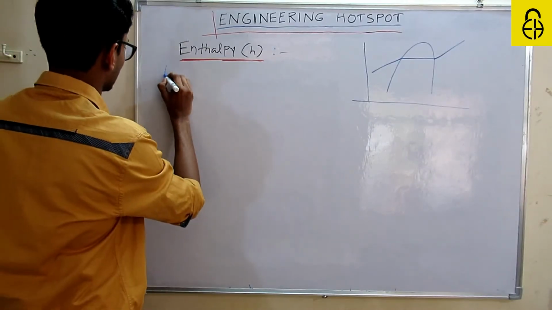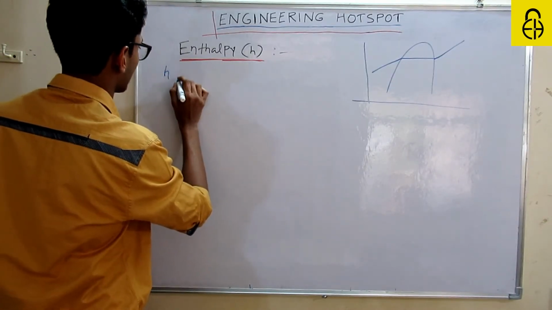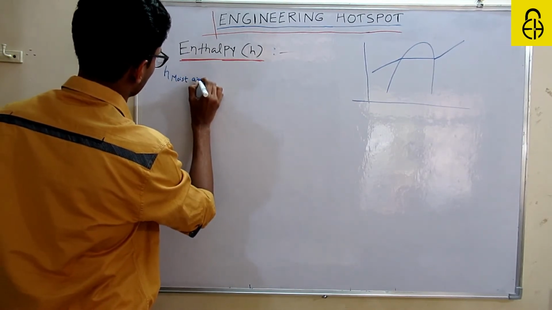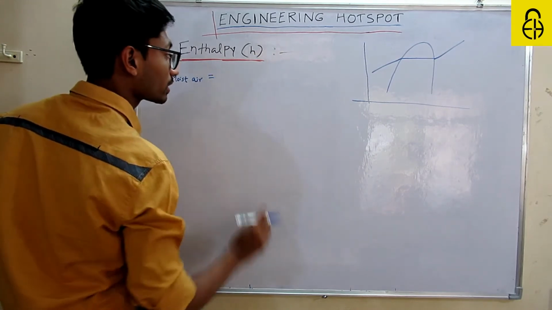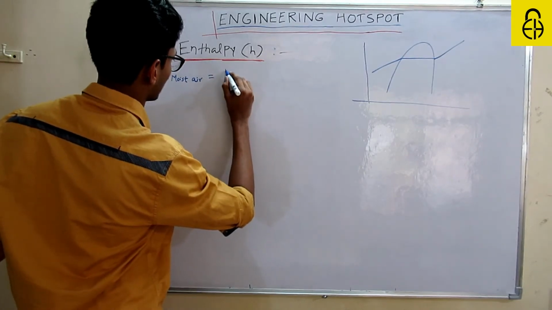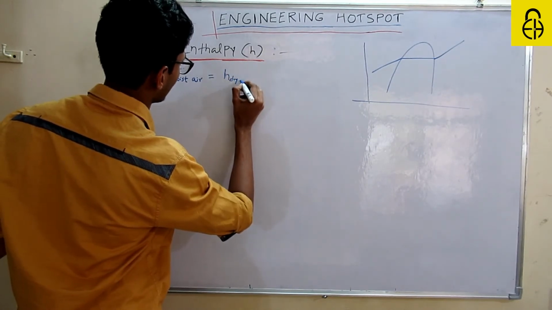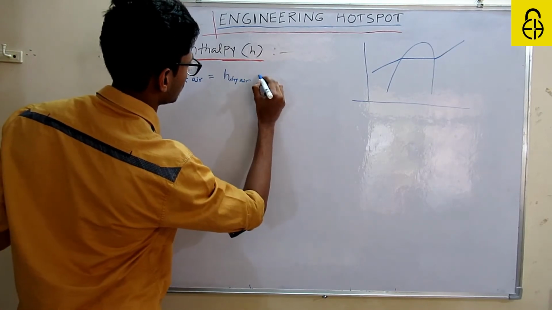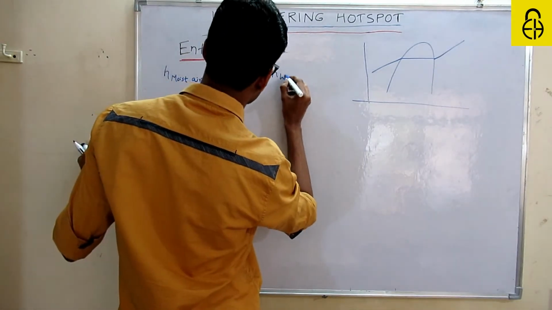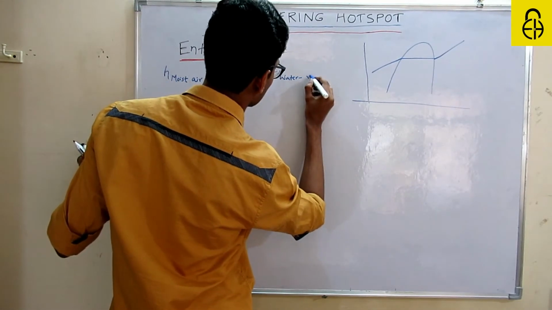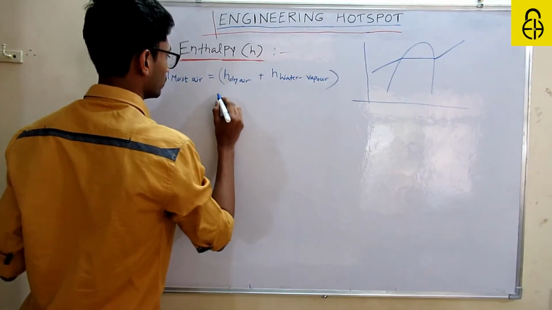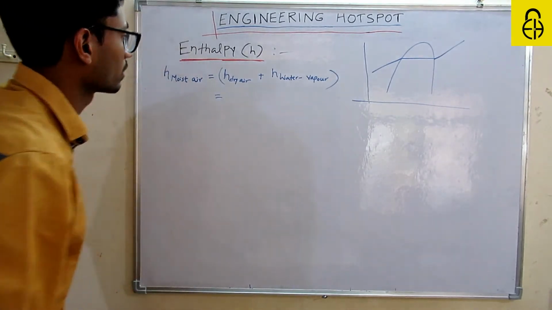So when you are writing enthalpy for moist air or the air sample, you have to take the enthalpy of water vapor and dry air also. So I am writing enthalpy for dry air plus enthalpy of water vapor, and the sum of these two will give you the enthalpy for the moist air.